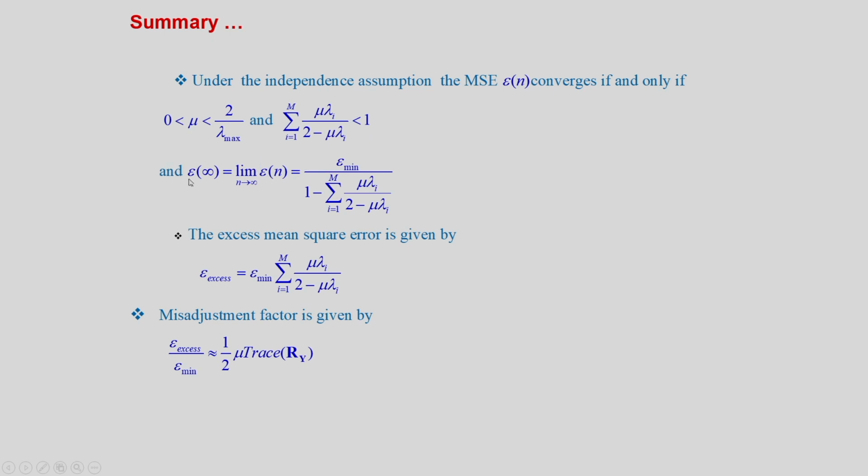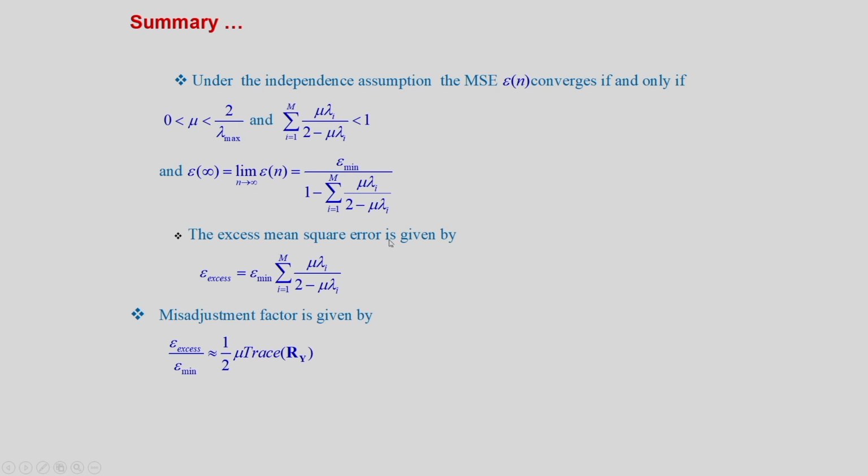And under this situation, the mean square error at infinity is given by epsilon min divided by 1 minus summation of mu lambda i divided by 2 minus mu lambda i, going from 1 to m. This is the Wiener filter mean square error.